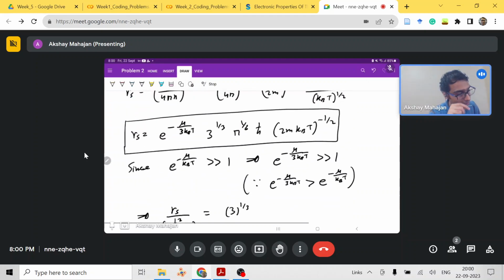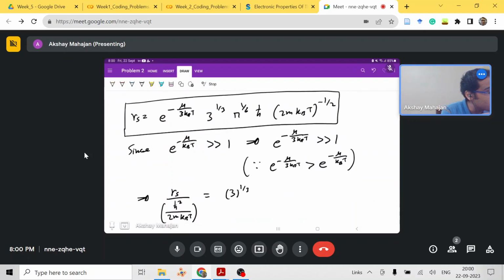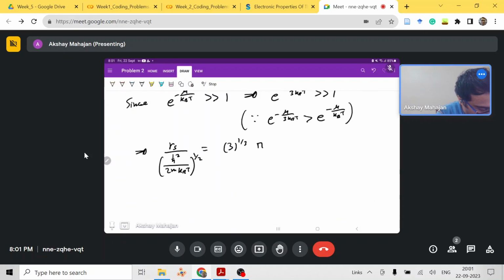So here I can take this h cross square, because I am taking a square on that side, to the power 1 by 2.